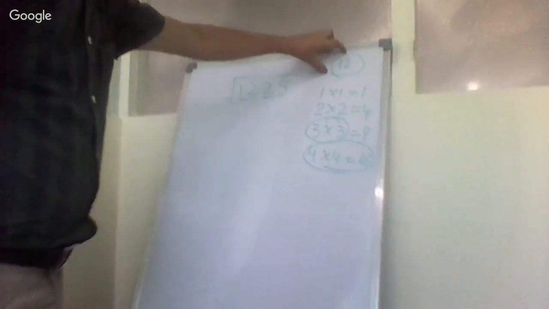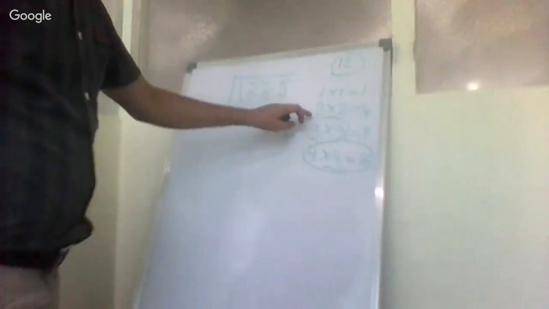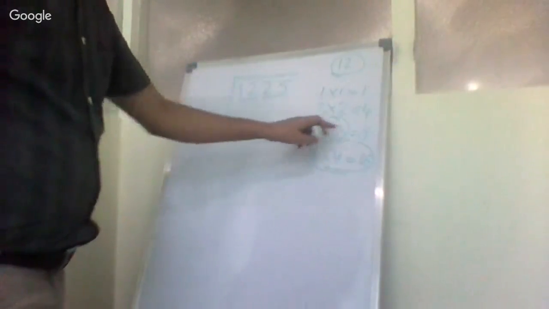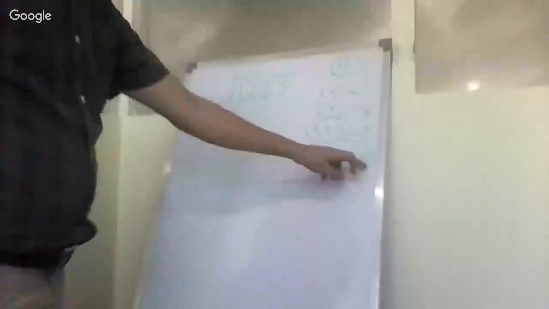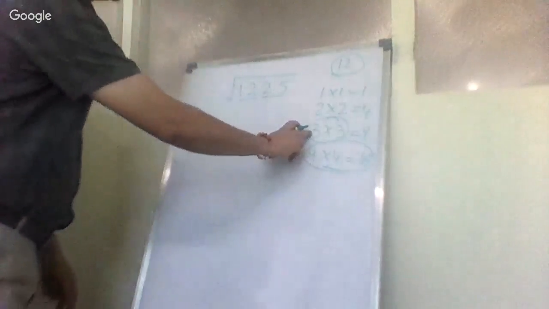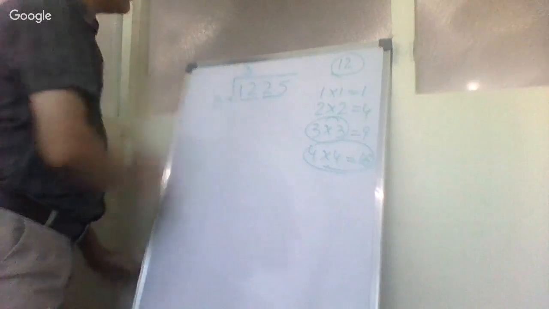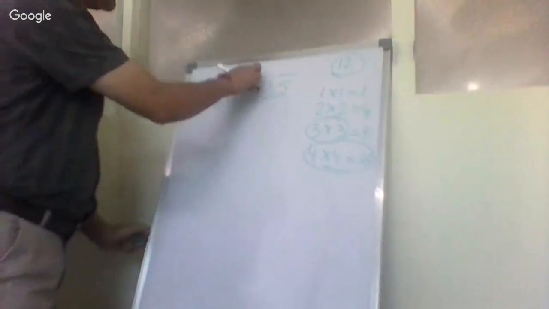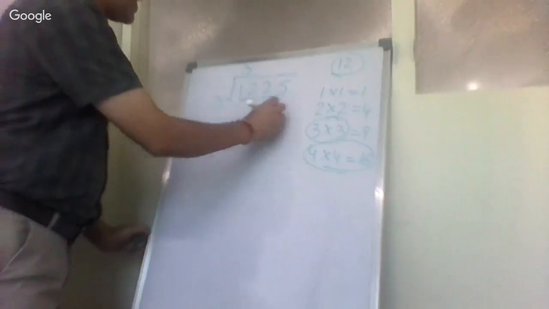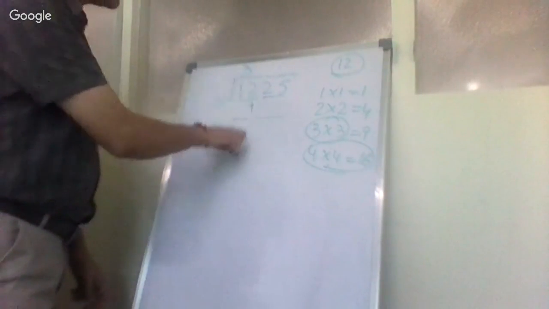So the first pair is 12. Now we will start from 1. 1 times 1 is 1, 2 twos are 4, 3 threes are 9, 4 fours are 16. But 16 is greater than 12, so we'll stop over here. So we'll write 3 here. And then 3, 3 is 9. Like we subtract in ordinary division, here also we subtract: 12 minus 9 is 3.